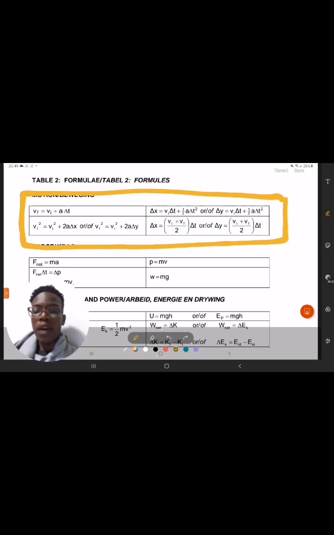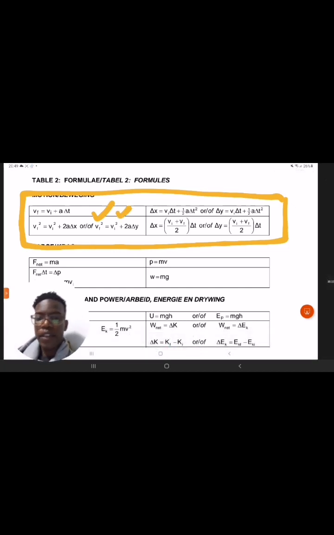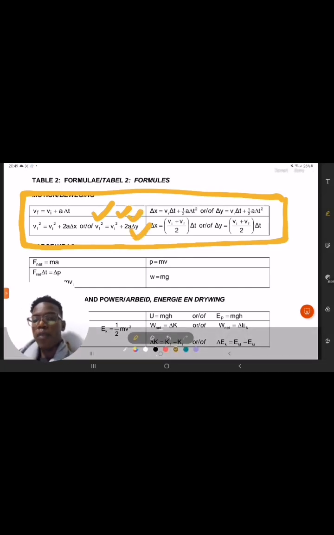Okay, so now do we have Vf squared in our problem? Do we have Vi? Do we have 2a, and do we have delta y? Seems like we've got all of that information, right? We've got Vf squared, we've got Vi, we've got the acceleration, and we've got delta y.